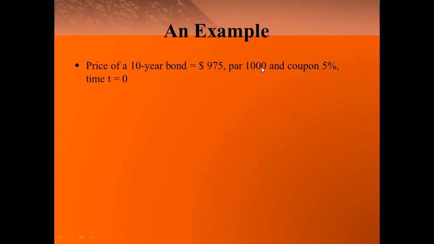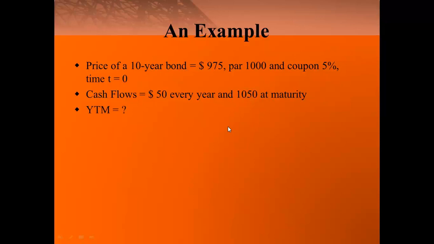And the last cash flow will be 1,000 plus $50 of coupon, 5% of 1,000. So 1,050 would be the last cash flow of this bond. Now, at t equals 0, the price is $975. So this is the present value of all the cash flows. And we've just constructed the cash flows as $50 every year and $1,050 at maturity.